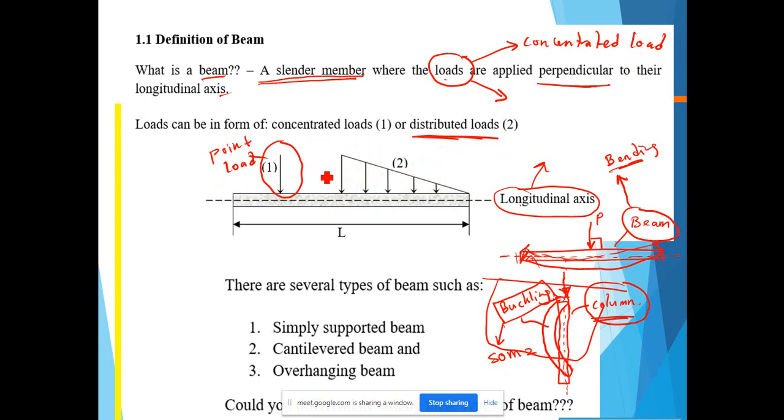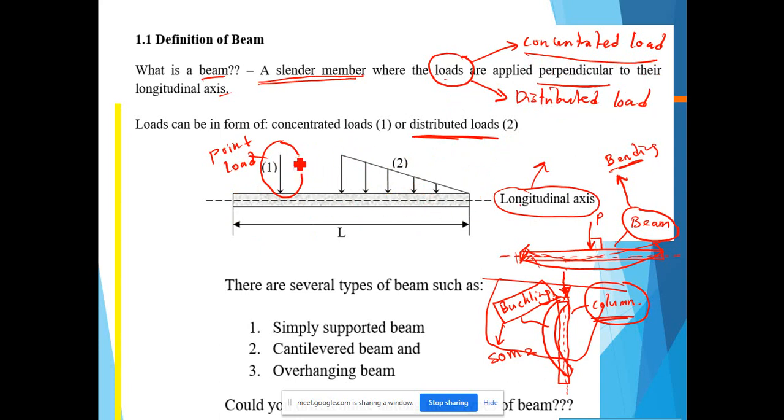So the load that we can apply on the beam can be of two types: one is a concentrated load, the other is a distributed load. In real applications, normally the beam is subjected to distributed load, not concentrated load.